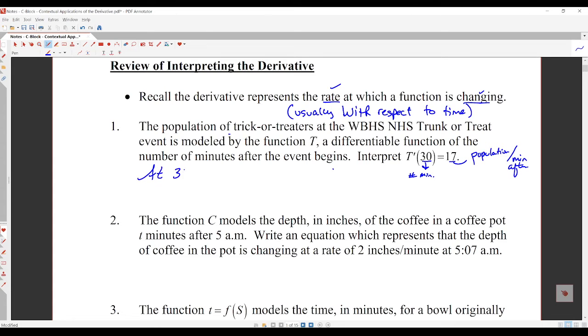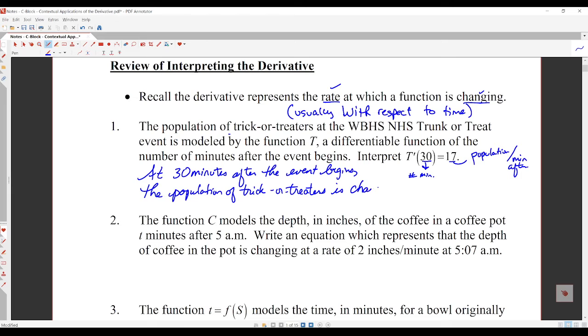At 30 minutes, again, using the language, after the event begins, the population of trick-or-treaters here is changing at a rate of 17 people per minute.